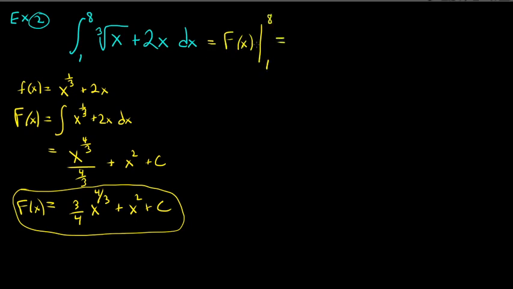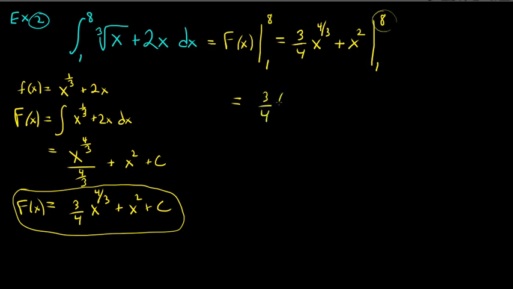Okay, so this says that I already took the antiderivative. In fact, I should have written that down here. This is 3/4 times x to the 4/3, plus x squared. And we don't need the plus c here because we're going to plug in the 1 and the 8. So we still have to plug in the 8 here, so let's do that.